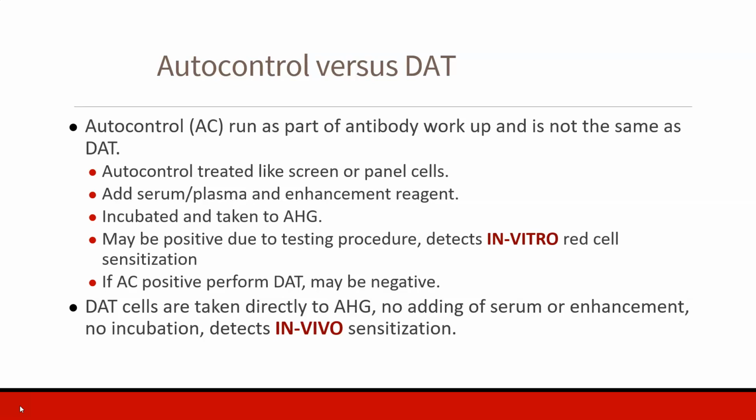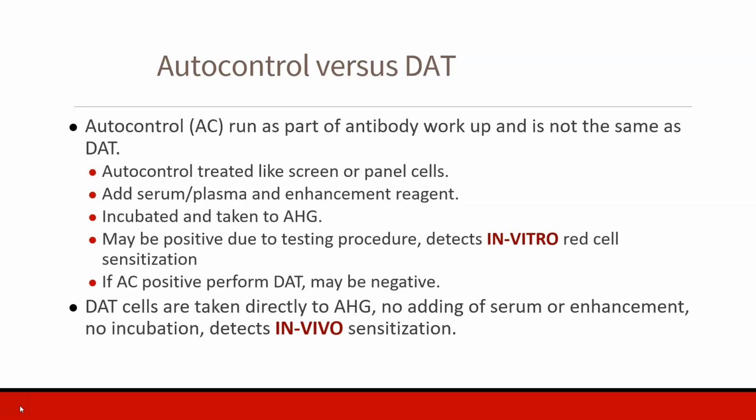If the autocontrol is positive, perform a DAT, and the DAT may be negative. And again, because the autocontrol is not the same as the DAT. And you say, well, at the end we washed 3 times and add Coombs. Yes, but you added an enhancement reagent, you incubated at 37 for whatever time, then you took it to Coombs. For the DAT, the cells are taken directly to the anti-human globulin phase.